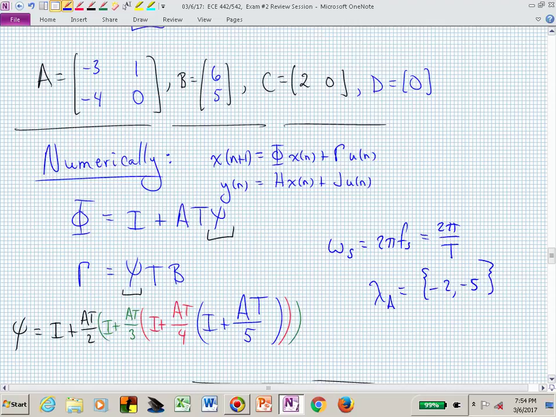So now I'm going to really confuse you because I'm mixing apples and oranges. Which one dominates the response? The pole at -5 or the pole at -2? And when I say dominates, I'm basically meaning which one's the slowest, which dominates the behavior. The fastest one's going to happen, and then the slow one's going to dominate. That's the one you're going to see mostly. Which of these corresponds to what modes?